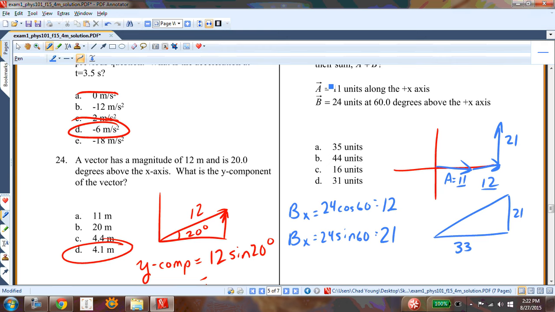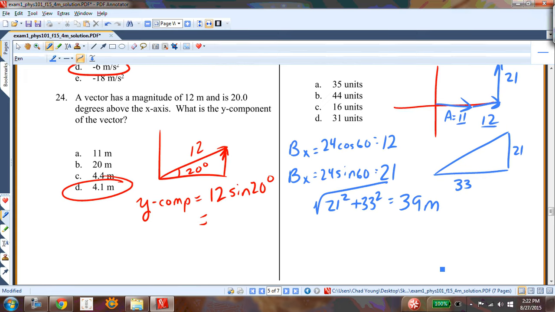Okay, that's correct. I'll have to come back and change this one, but the right answer should be the square root of 21 squared plus 33 squared. I get 39 meters. I'll change that on the test with the right answer. I'm not sure what happened there.